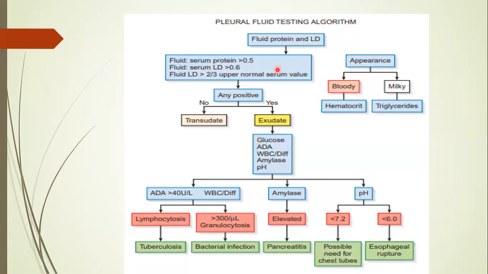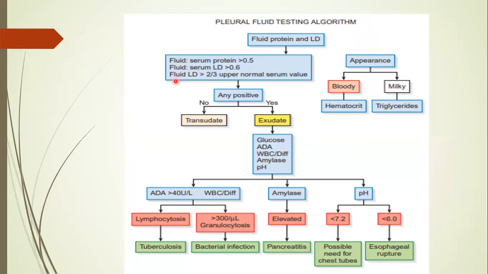So this is an algorithm, okay, that we usually follow when we physicians collect fluid and we want to rule in something. I mentioned, no, we classify first if the fluid is an exudate or a transudate. And again, what is the criteria that must be fulfilled for a certain fluid to be classified as an exudate?